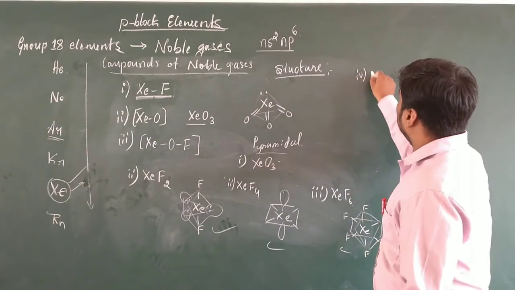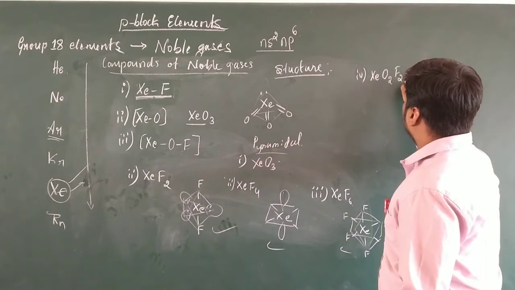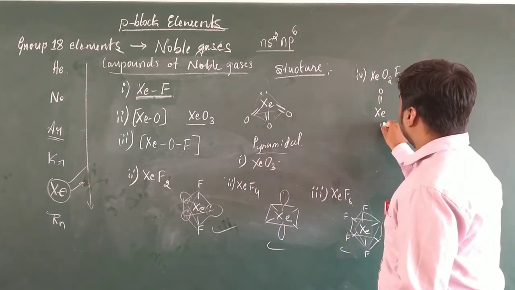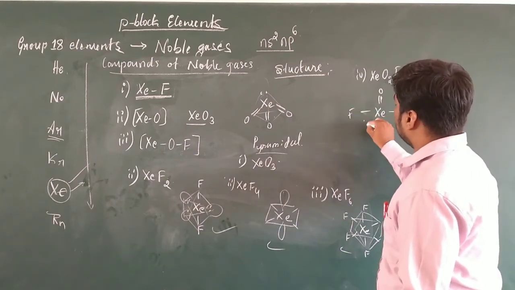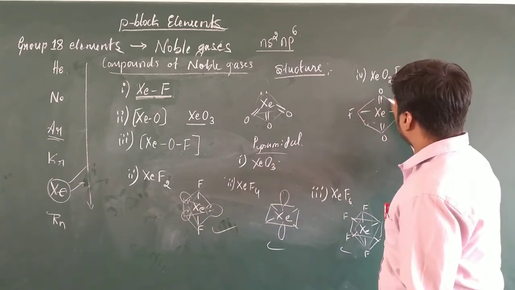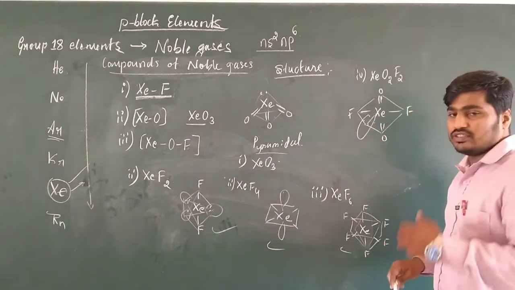Fourth one, XeO2F2. Xenon oxide, oxide, F, F. There is a lone pair, and again we observe the distorted structure. This xenon contains a lone pair.